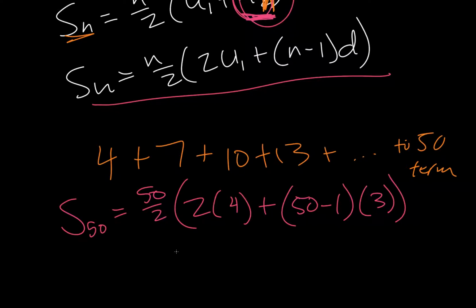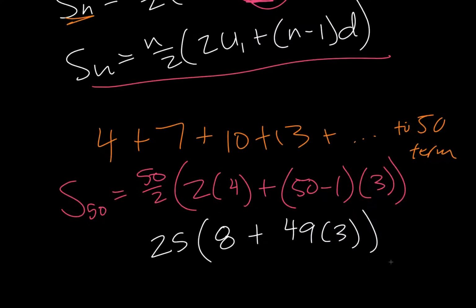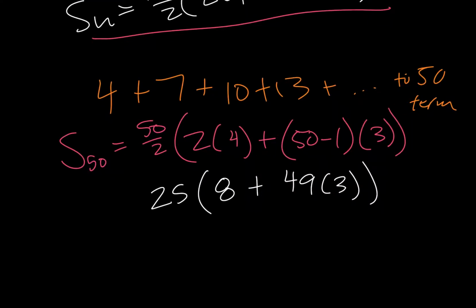So 50 cut in half is going to be 25. This is going to become an 8. This is going to be 49 times 3. So if that was a 50 and we times it by 3, it would be 150, but we're losing 1 each time we go.